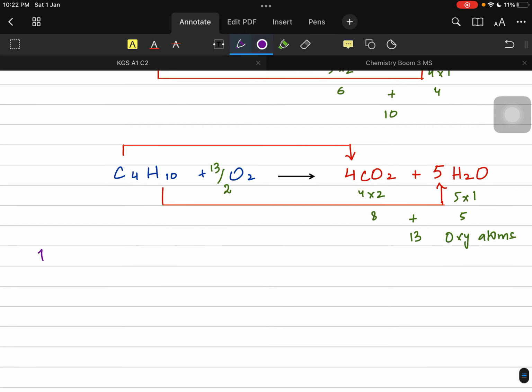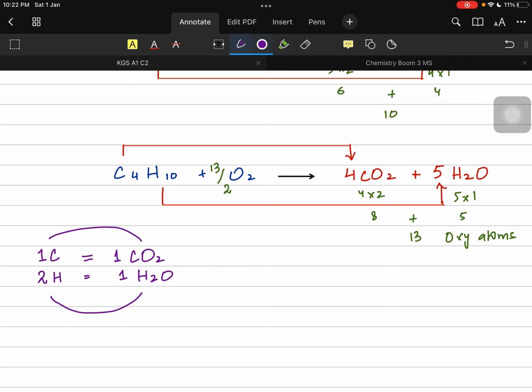Within an alkane or whatever hydrocarbon, 1 carbon is equal to 1 carbon dioxide. No matter how many hydrogens are there, 2 hydrogens is equal to 1 water molecule. So the number of carbon dioxide is equal to the number of carbons within the hydrocarbon, but water molecules should be half the hydrogen.